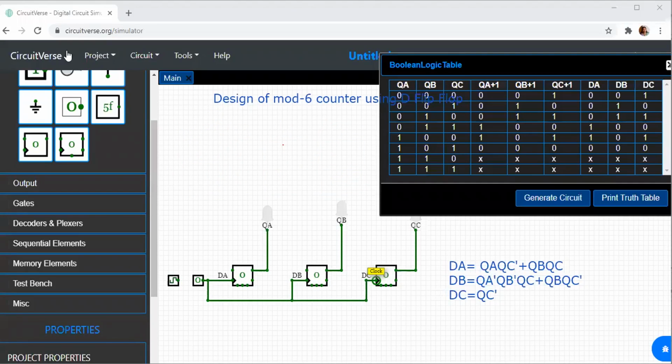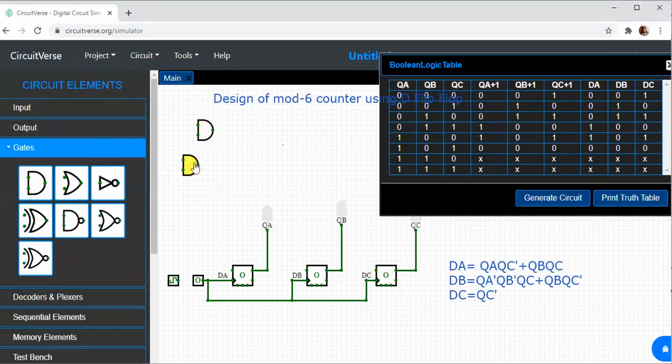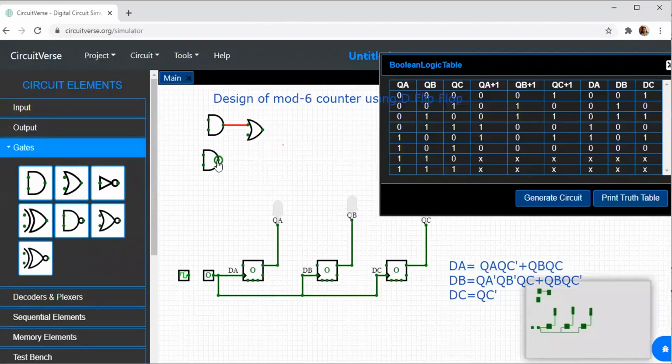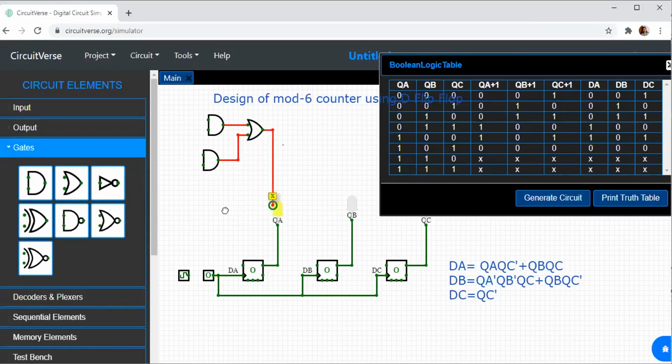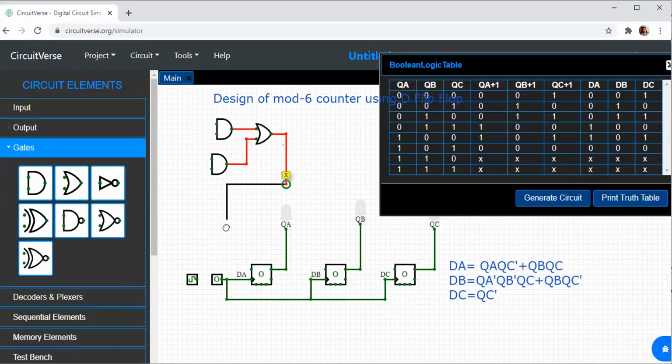Now DA is equal to QA QC bar plus QB QC. So I require 2 AND gates and also 1 OR gate. And this is DA. Let me take QA.